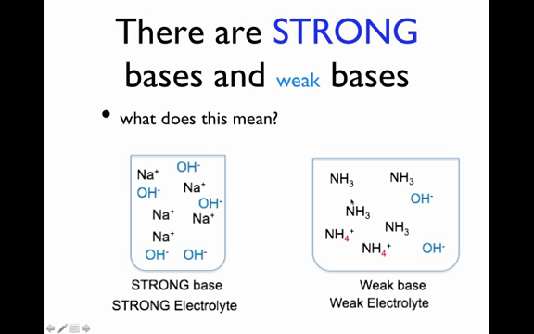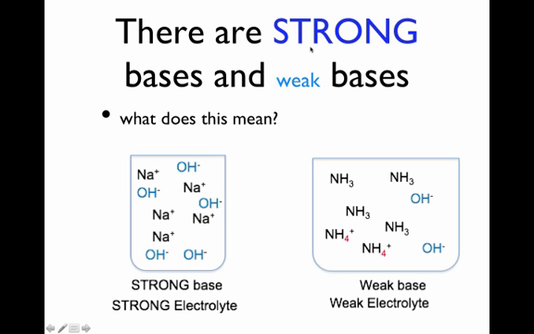And because of that, some of the ammonia molecules will still remain like ammonia molecules, like the one I'm circling here, but some of them will accept the H plus and they will turn some of the water molecules into OH minus. But there will be fewer OH minus molecules in this container than there are in this container. Because the ammonia is worse at accepting H pluses, you say that it's a weak base and it's also a weak electrolyte compared to strong bases like sodium hydroxide.